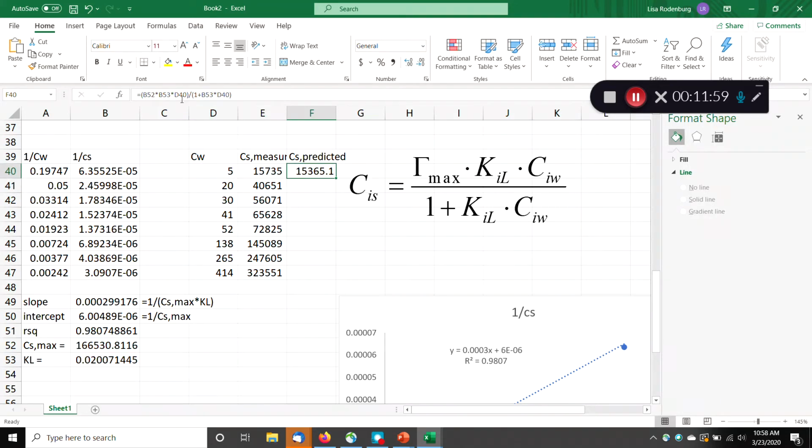Then we've got to put some dollar signs in here. Again, I use the F4 for the dollar signs. It's quick and easy. Did I do that right? Yeah, I think I did that right. Okay, so that looks pretty good.